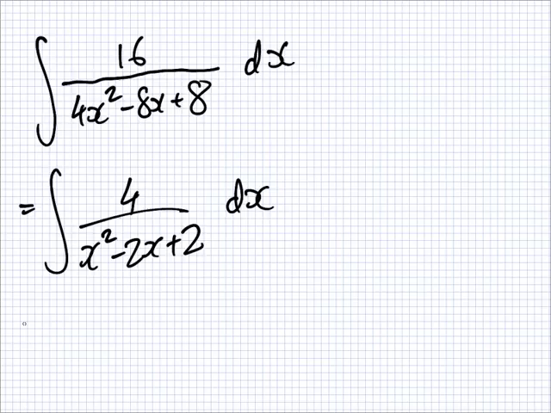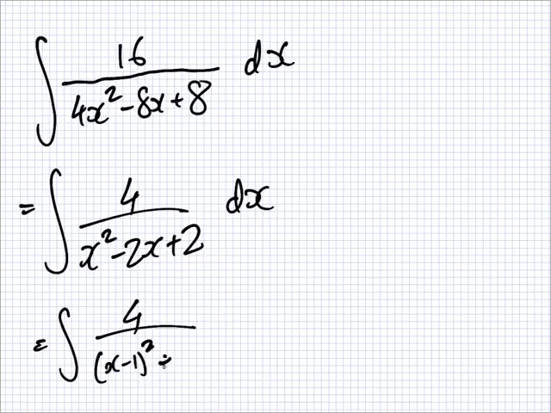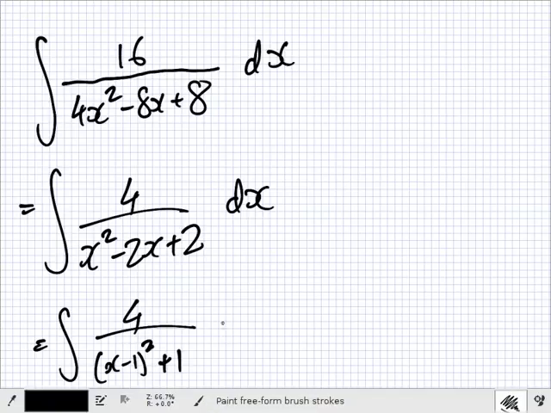Ah, yeah. Complete the square. We'll make 2 in the bottom. So you can change this into 4 over (x minus 1) squared plus 1 dx.